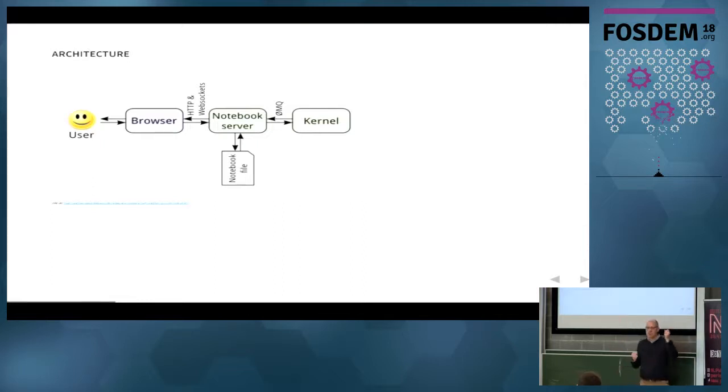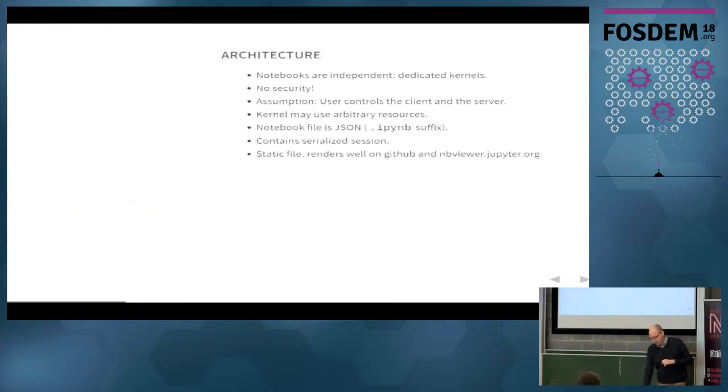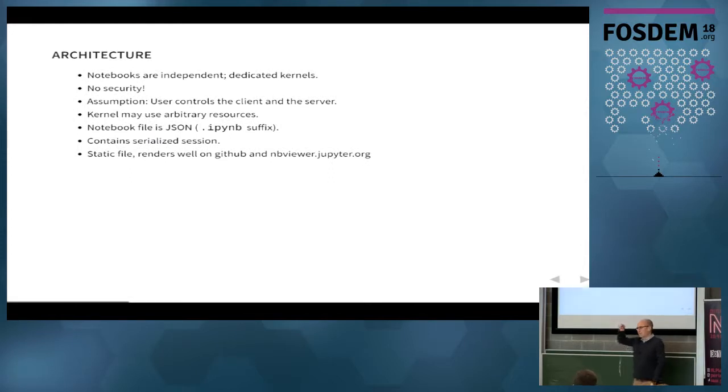And the notebook file is basically just a bunch of JSON that says, here's the input, here's the output, here's maybe something about the type of the output, and a few other things. But it's a simple JSON file. It ends with the IPYNB for Python notebook suffix.